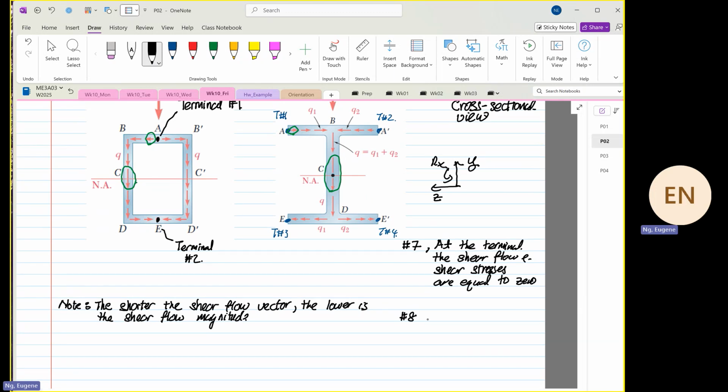Okay. So the next thing is the major web controls the direction of shear flow.